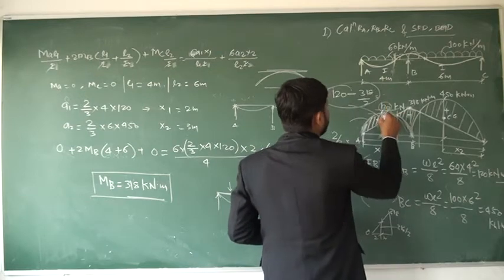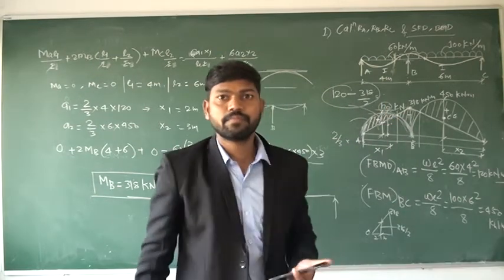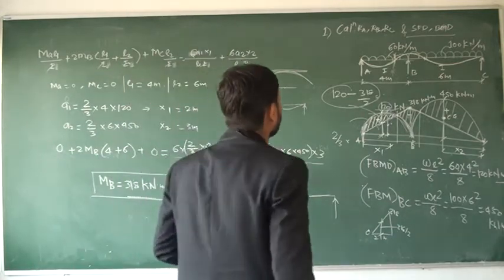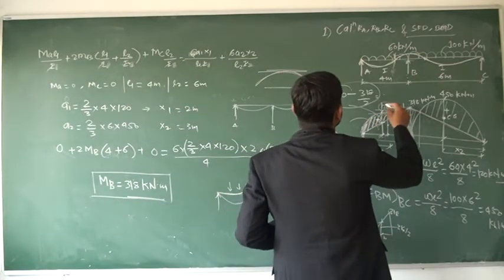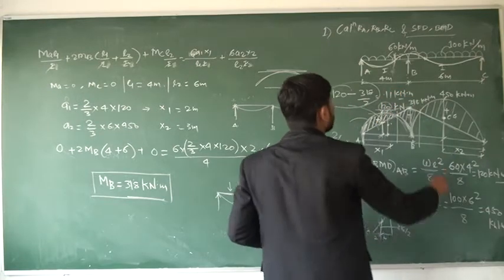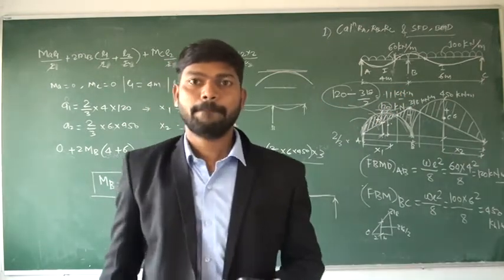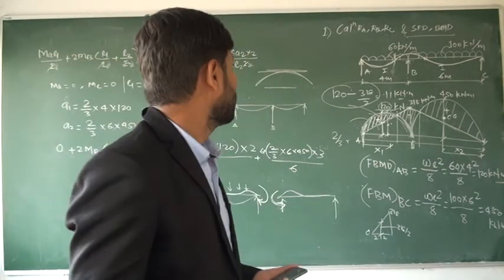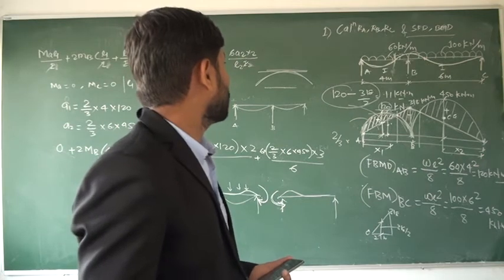That is your bending moment at the center. It may be about 11 kilonewton meter. This is how you should be able to work with 318 and 120.